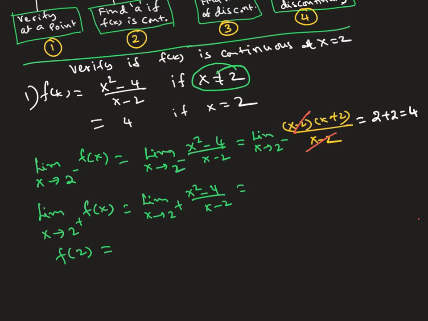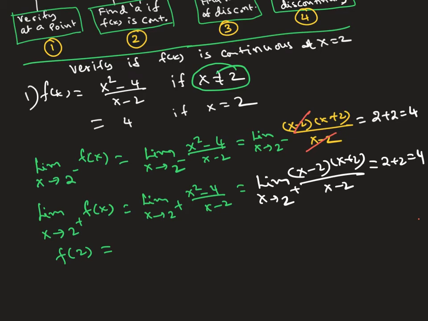That gives you 4. Same way, if I find the limit as x approaches 2 from the right side, you do exactly the same, because we get an indeterminate form, and the answer would be 4. F of 2 they gave us as 4 in the definition.